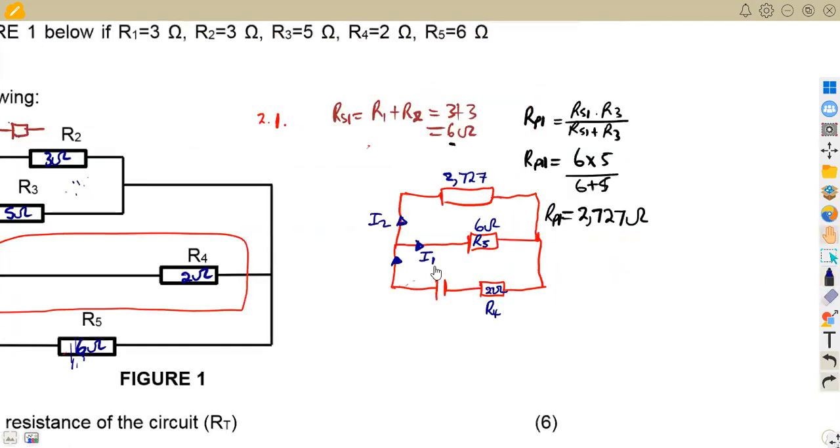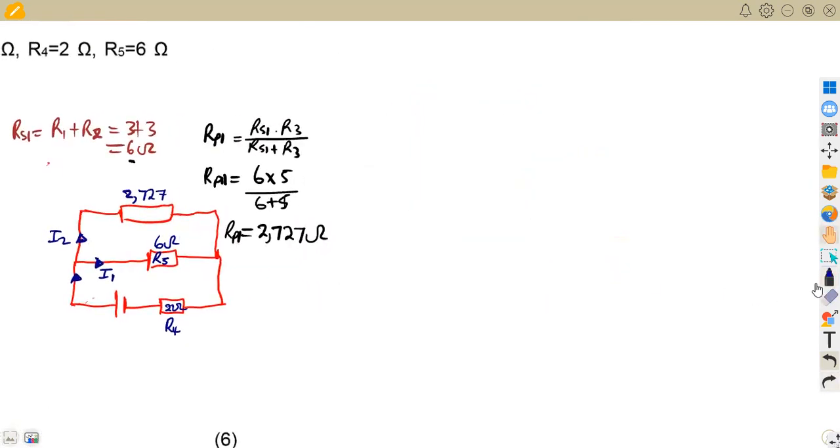All right, so let us have our parallel combination from these two resistors. So this is the second parallel combination that we are calculating, RP2, that is going to be product over sum, RP1 times R5 over RP1 plus R5.